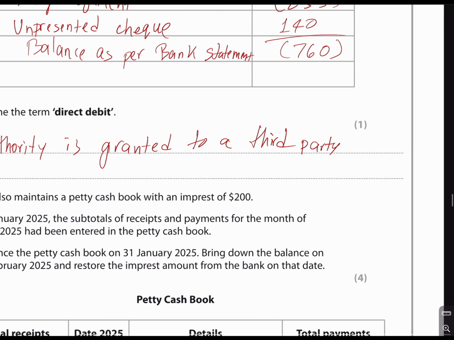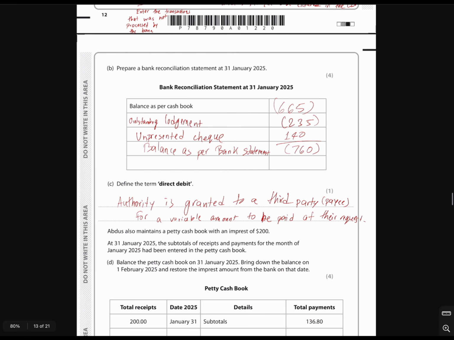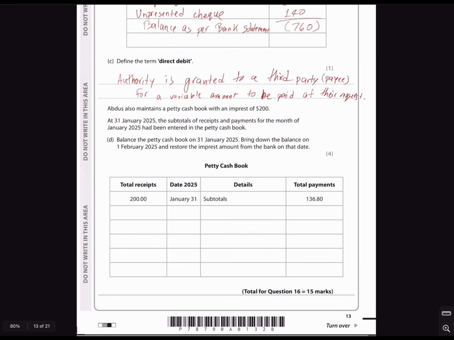Who's the third party? The payee, the one who is going to receive the amount, for variable amounts. This is a normal definition of direct debit.